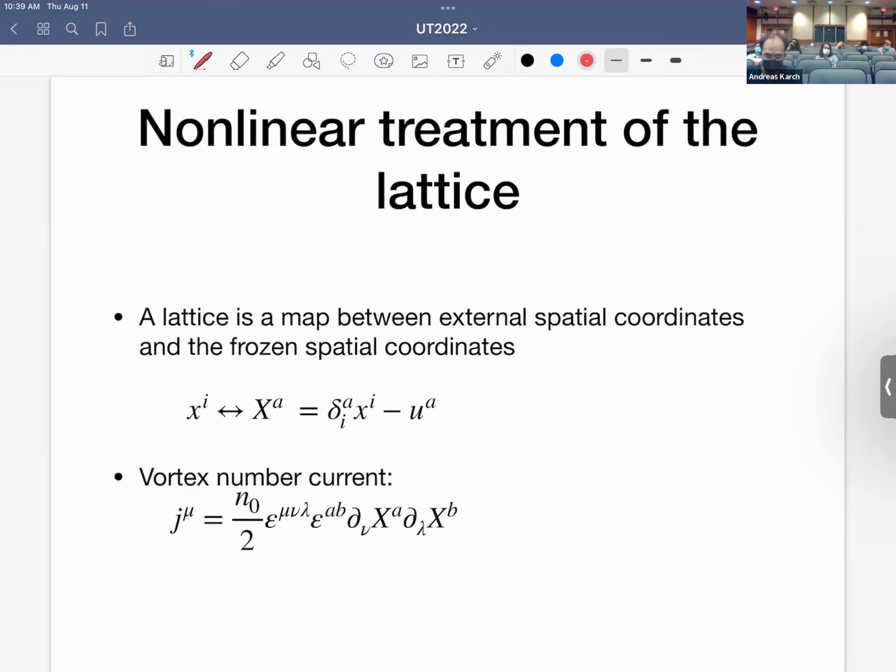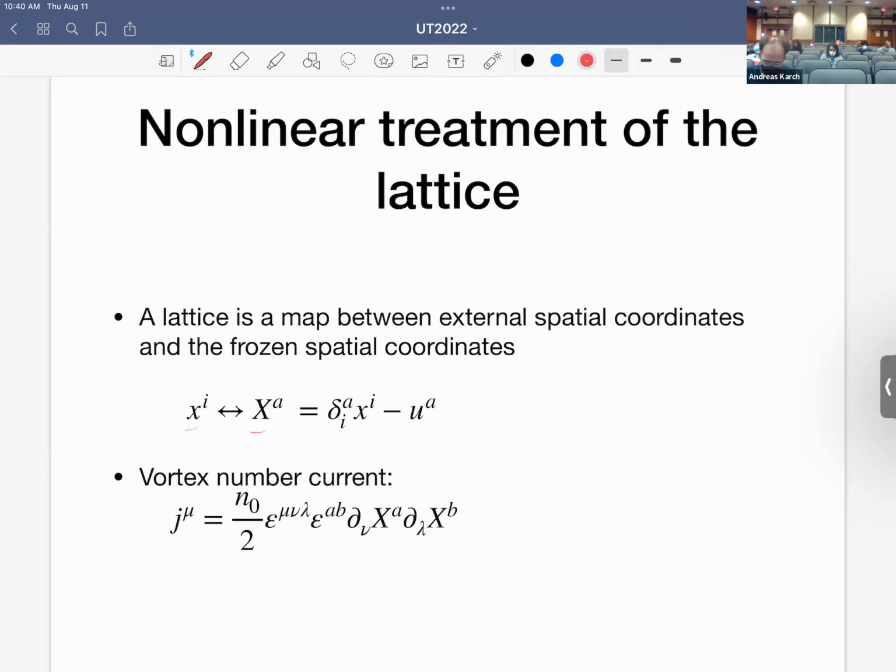And here the nice formalism is to think about the lattice as a map between external spatial coordinates and the frozen coordinates, frozen in the solid. So each point would be associated with a point in space, but also a point in space where that point would be if the solid wasn't deformed. So it's a relationship between small x and capital X, and this capital X is basically small x minus the displacement.